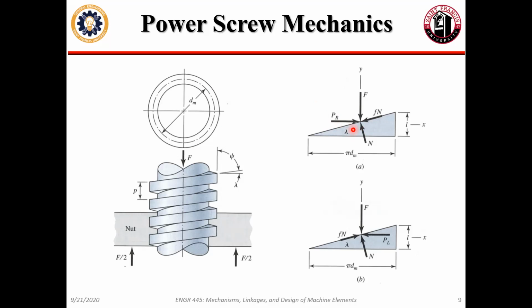However, I have two materials in contact with each other, so I have some amount of friction also, and all that I also have to overcome. And that friction comes as a result of some normal force, which of course is just a reaction to the applied load. Okay, any questions on that? Cool.